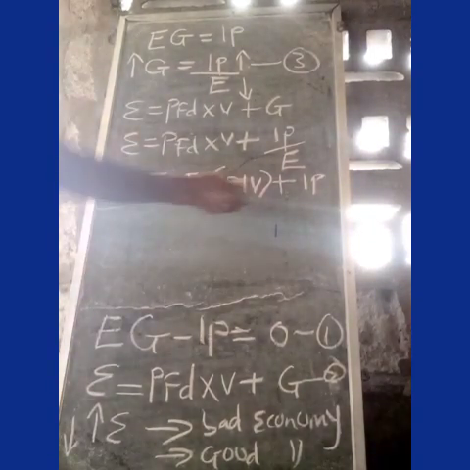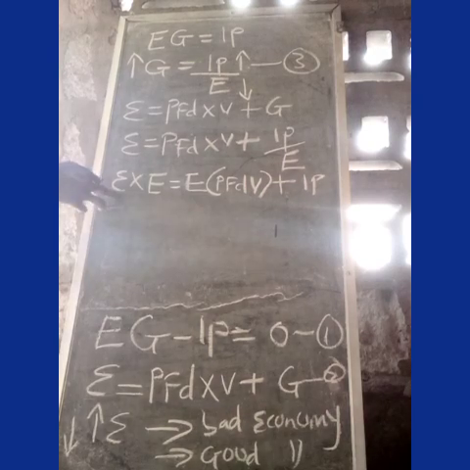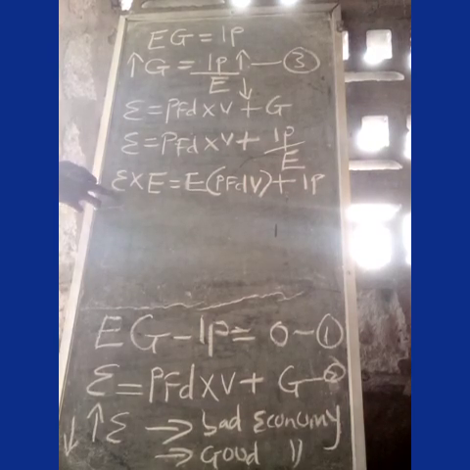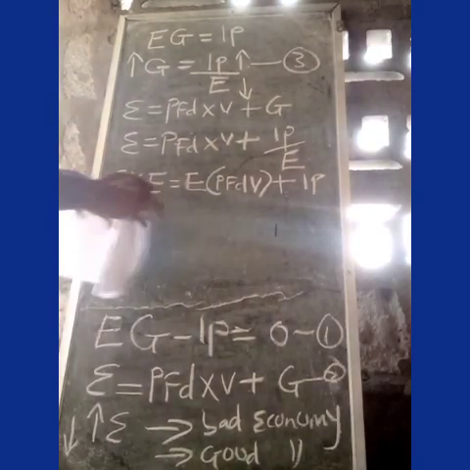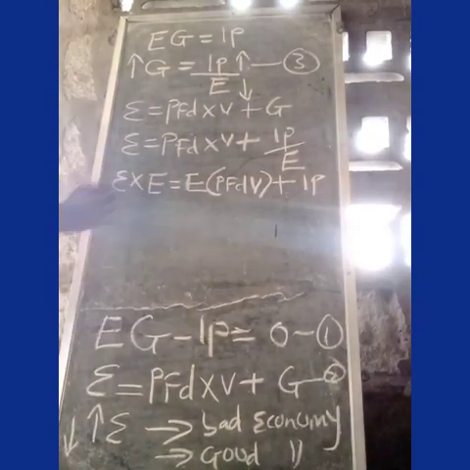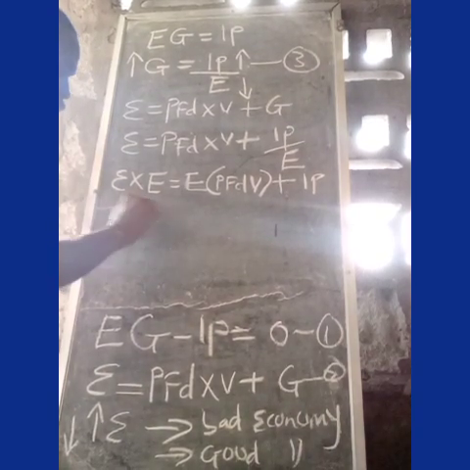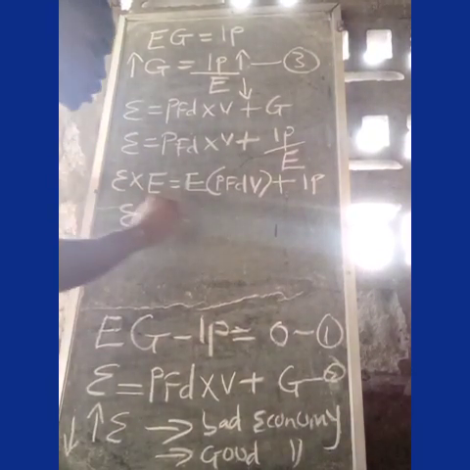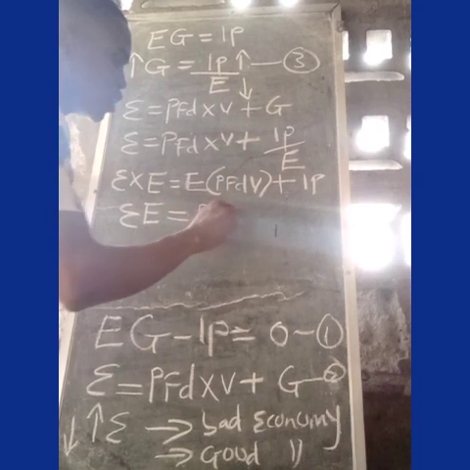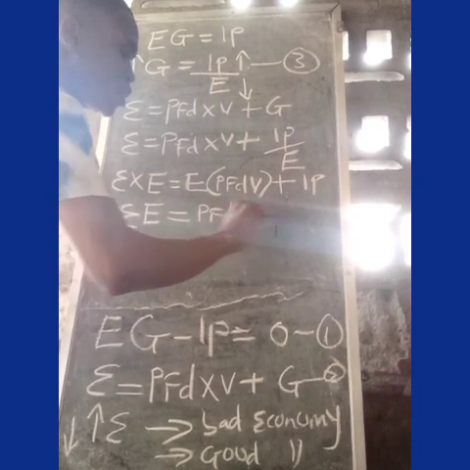So to get economy to stand alone, we have everything written now. E times E, we'll be having E, economy E, equals PFDVE.